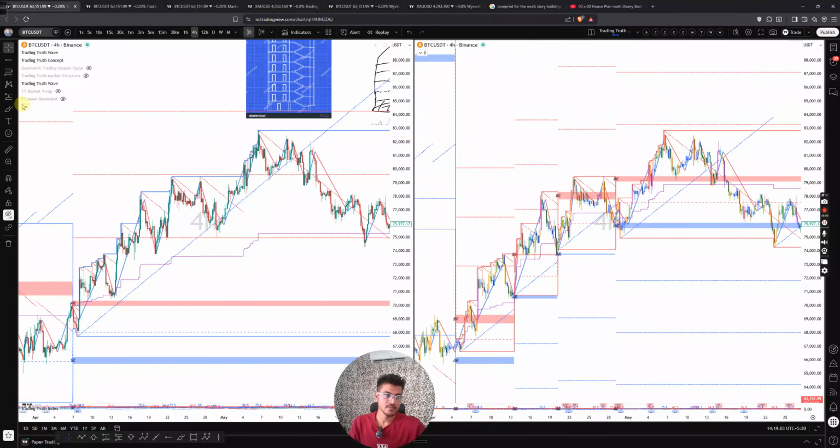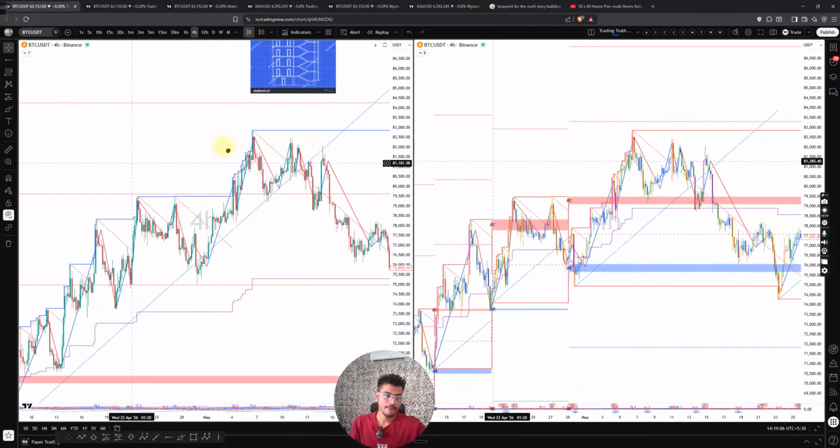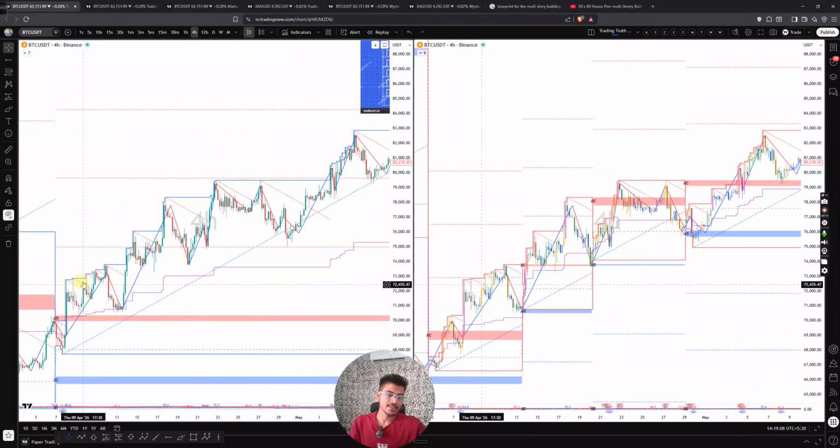Now you see, all these are developing market structure. As the market develops, this midpoint gets updated. So the midpoint shifted there. Now when the market comes down, why didn't it come down further? It didn't come down further because the midpoint developed to that point.